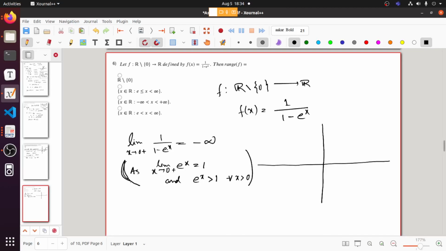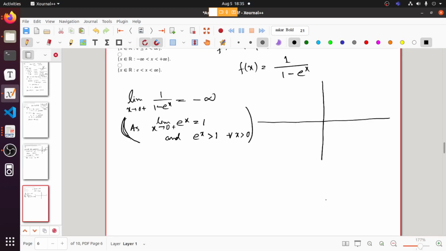So 1 minus e to the power x is overall negative, and the denominator goes to 0, meaning overall it will go to infinity, but as it is negative it will go to minus infinity. So when x tends to 0 plus, on this side it goes to minus infinity.